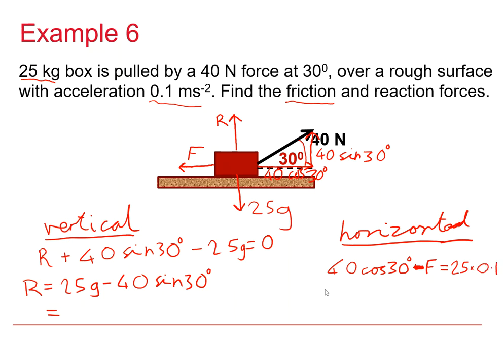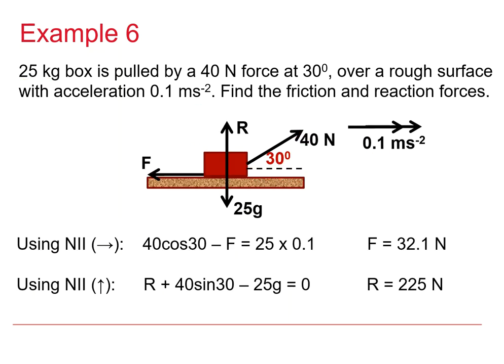So again, from there, it's just a case of rearranging. That will tell us that the frictional force is 40 cos 30 minus 2.5. And again, at that point, I might get out my calculator and work that out.